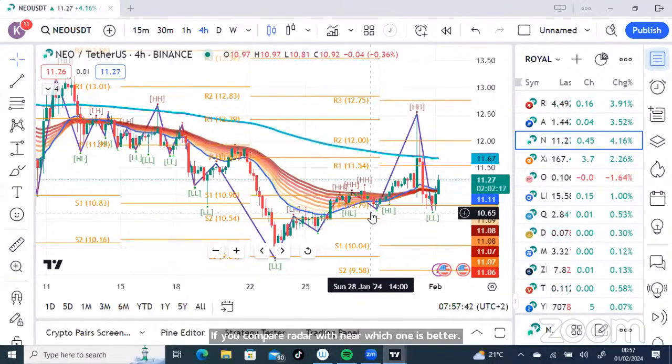Anybody in the chat? If you compare the two, which one is better? Okay, NEO is better. It has a better trading experience for anyone.